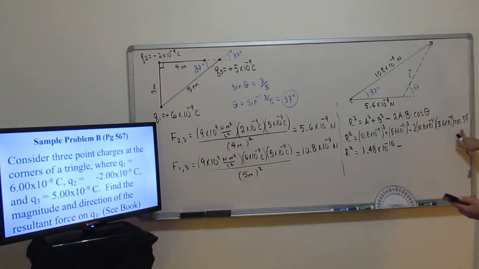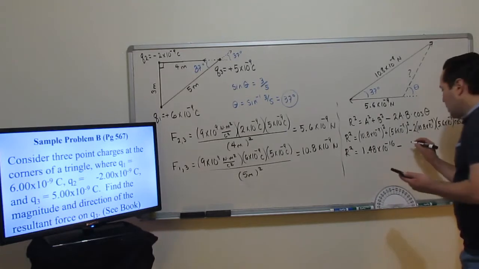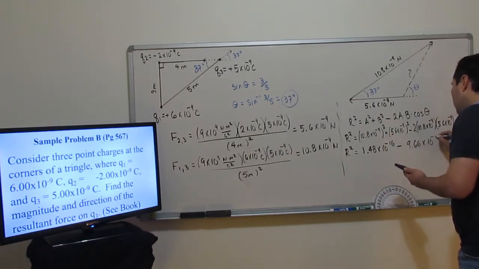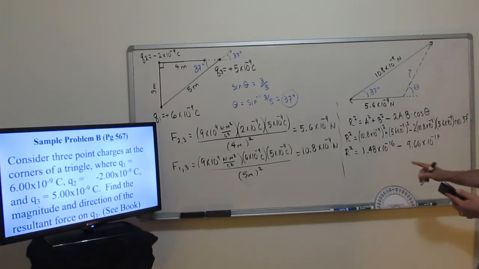Over on this side, I'm going to multiply cosine of 37 times 10.8 times 10 to the negative 9 times 5.6 times 10 to the negative 9 times 2, which gives me 9.66 times 10 to the negative 17. Now I'm going to do the subtraction.